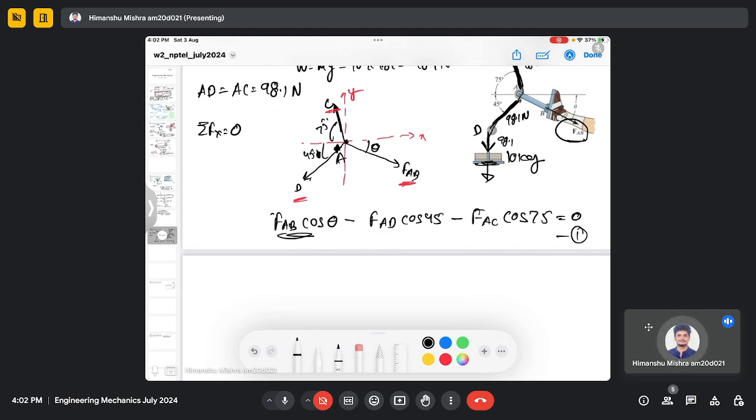These two quantities are known: FAD is 98.1 and FAC also is 98.1.